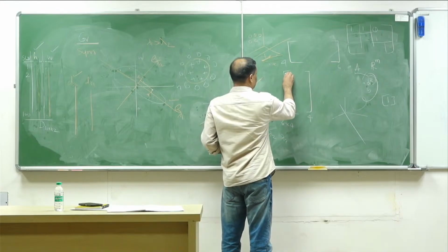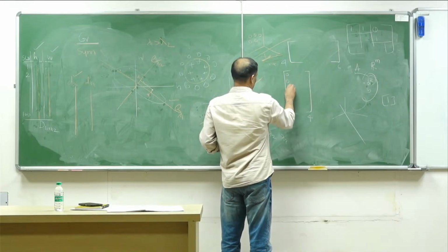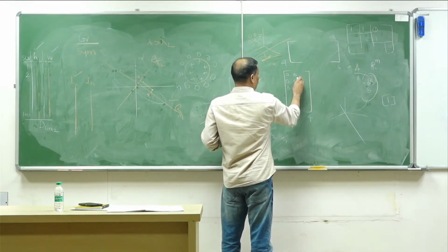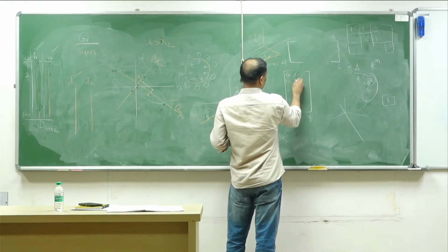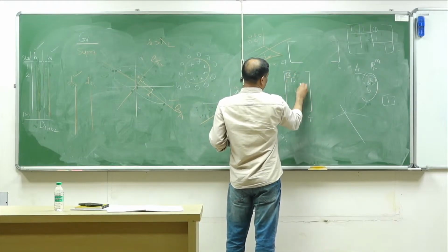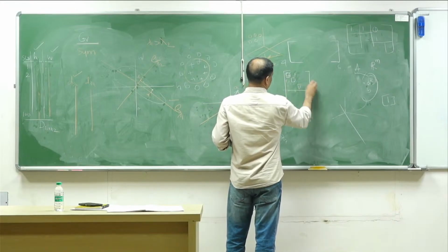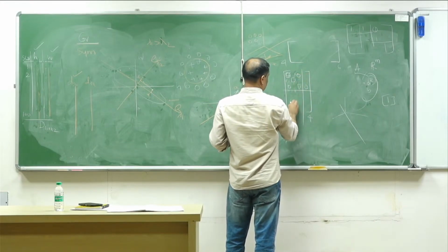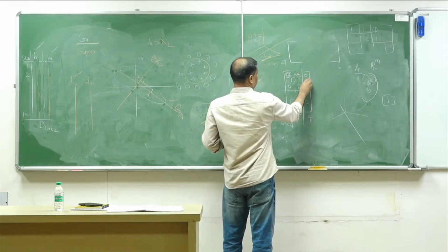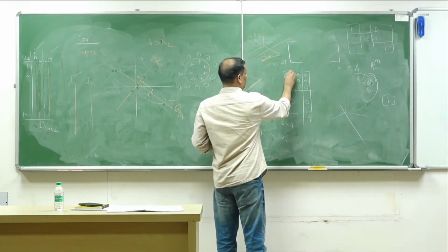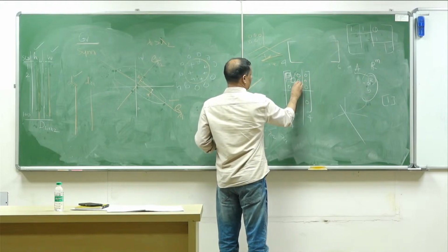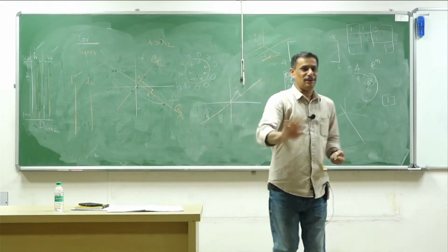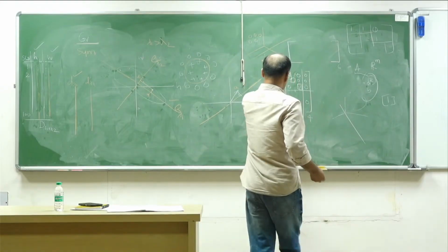So I can have this entry, this entry, this entry. Here I have to make it diagonal so that these entries are present. Then these become 0, these become 0. Only these entries will be there, because the other entries are zeros.